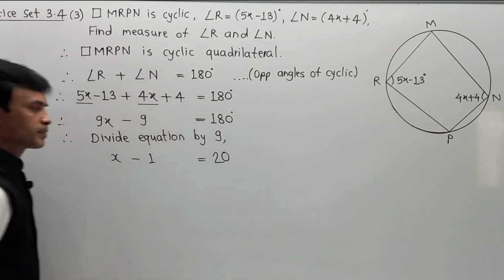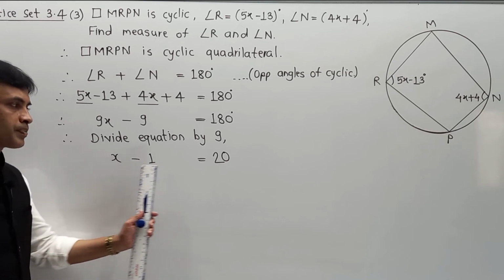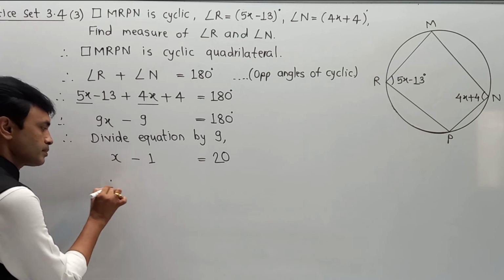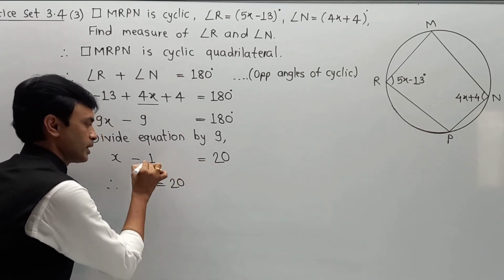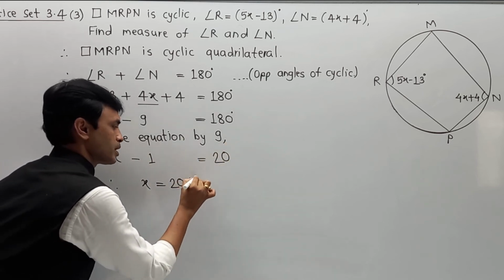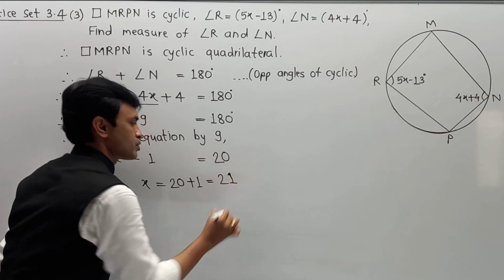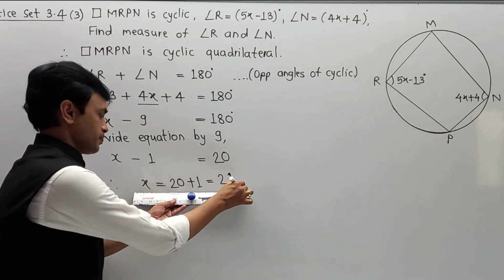From this we calculate the value of x: x minus 1 is equal to 20. This minus 1 goes to that side, so x is equal to 20 plus 1, and that becomes 21. So remember, this is the value of x.